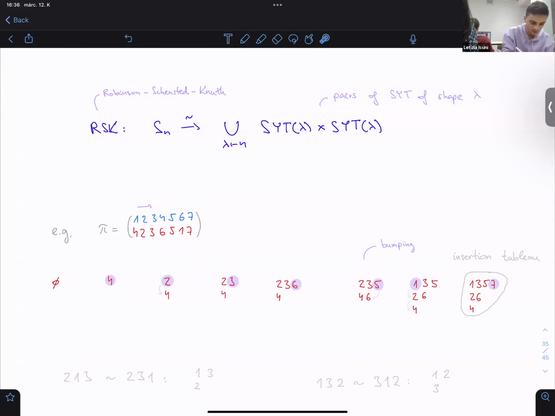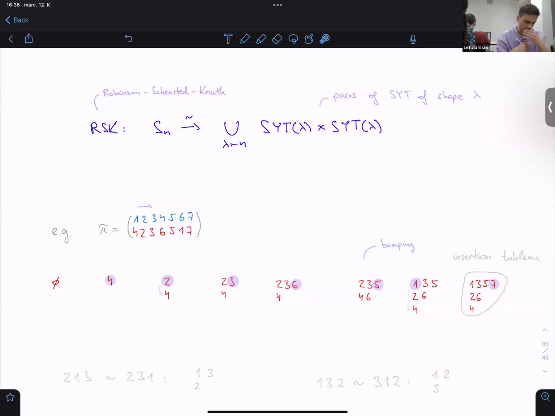And the strategy will be to read this line from left to right. And each consecutive number will be inserted into the first row. Well, this is, of course, easily feasible if everything else is smaller than the new number, and the new number can just slot right at the end of the first row.